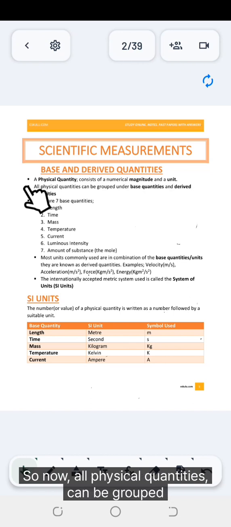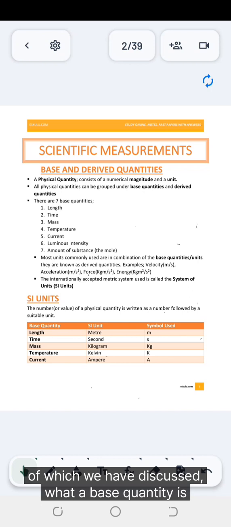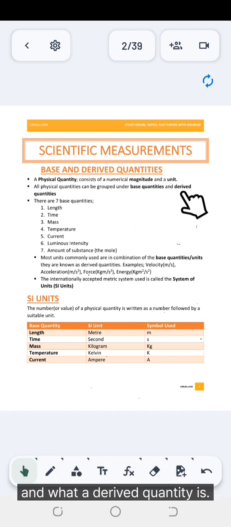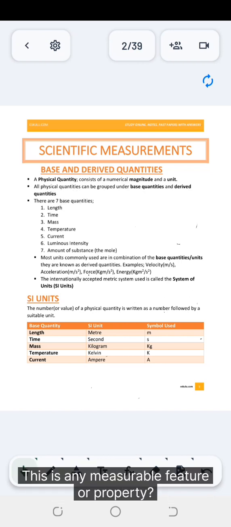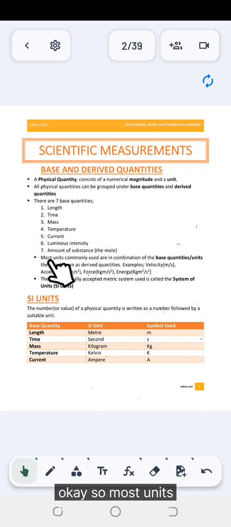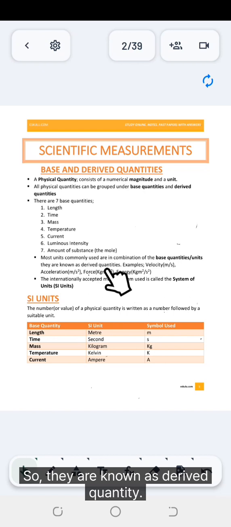All physical quantities can be grouped under base quantities or derived quantities, of which we have discussed what a base quantity is and what a derived quantity is. A physical quantity is any measurable feature or property. Most units commonly used are a combination of base quantities or units, so they are known as derived quantities.